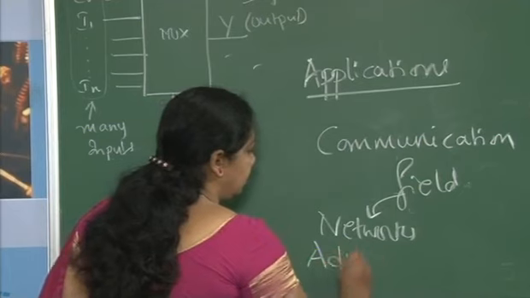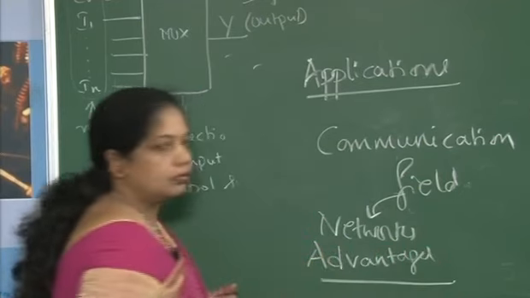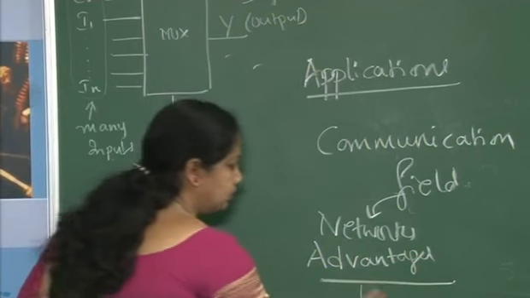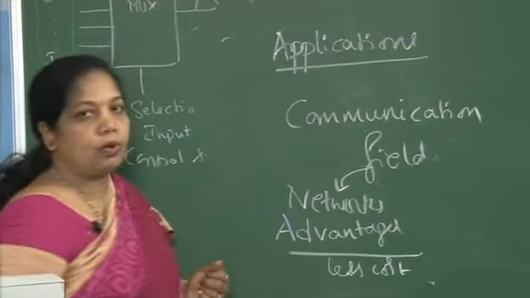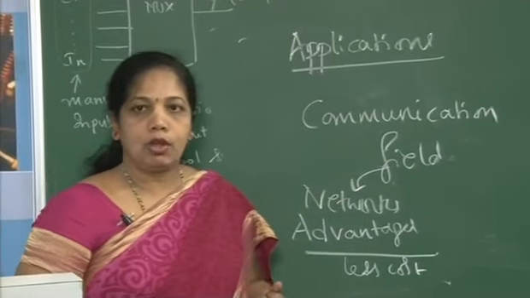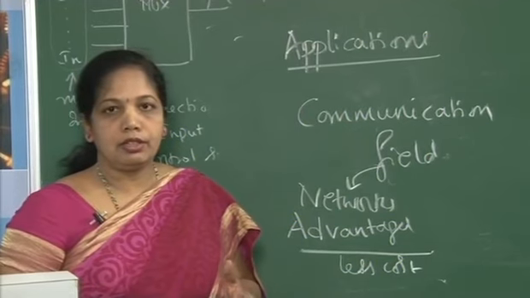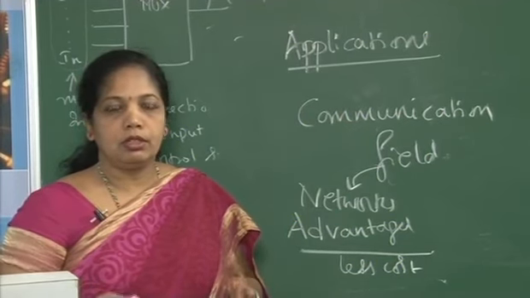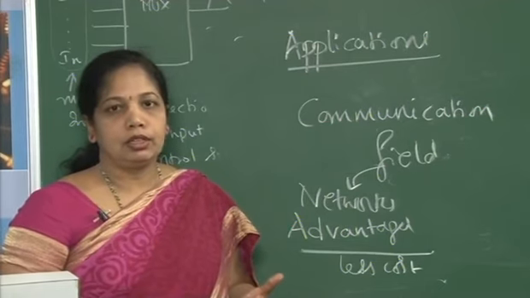Then I will be talking about advantages. Less cost. Why is it less cost? Because instead of building different circuits for multiple sources, each circuit, it is tedious to build that huge circuit.